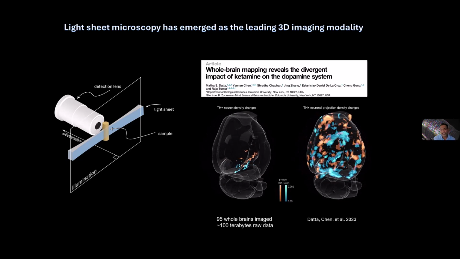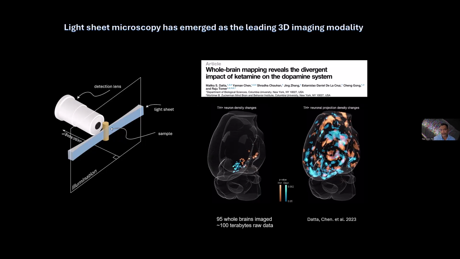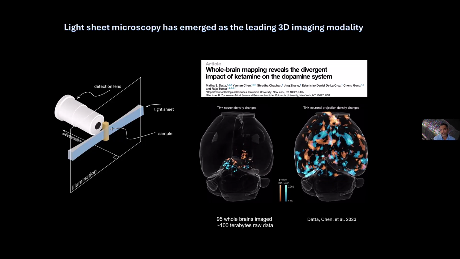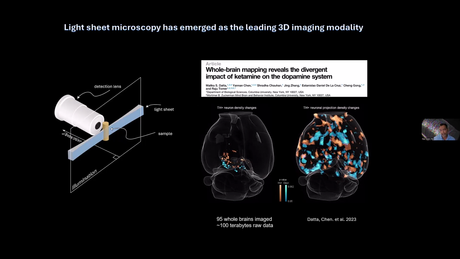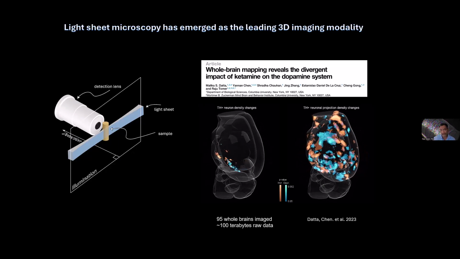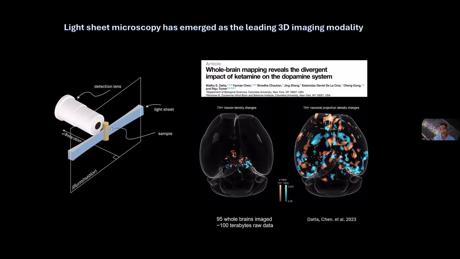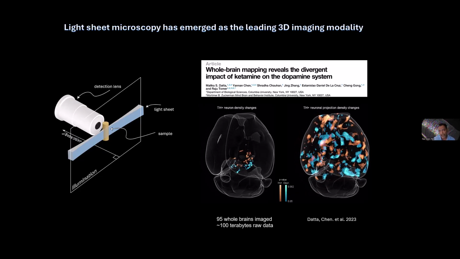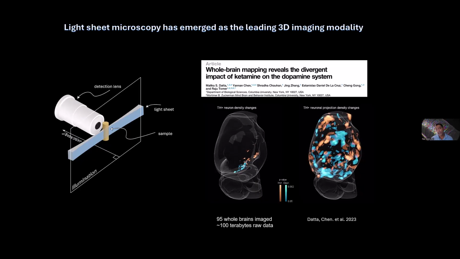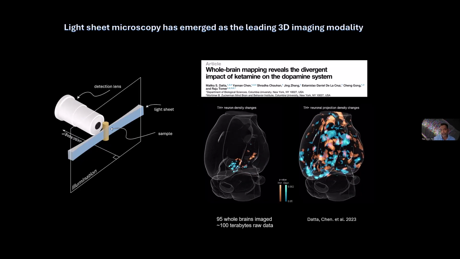We use light sheet microscopy for a whole brain, unbiased investigation of how drugs impact brain-wide neural networks. In this case, we focus on the antidepressant ketamine and how exposure to it over time impacts the dopamine system.